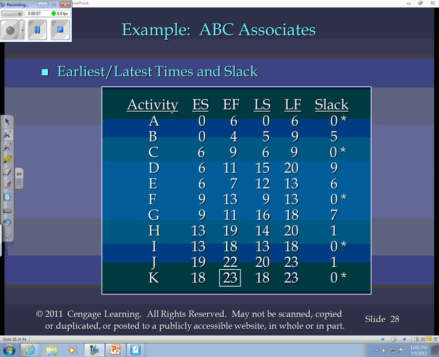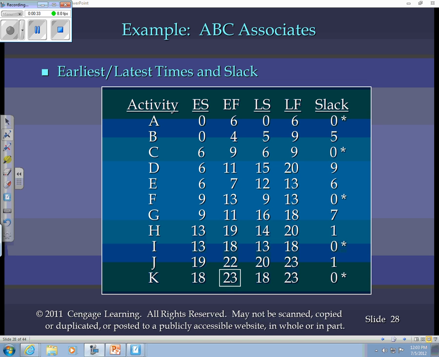Right now we're dealing with uncertain activity times, and this video will make no sense unless you've watched part 1. The slide you're looking at is the result of going through the earliest start, earliest finish, latest start, latest finish activity that we did in the first video of this week's material.